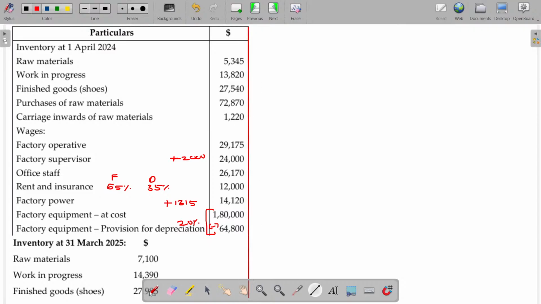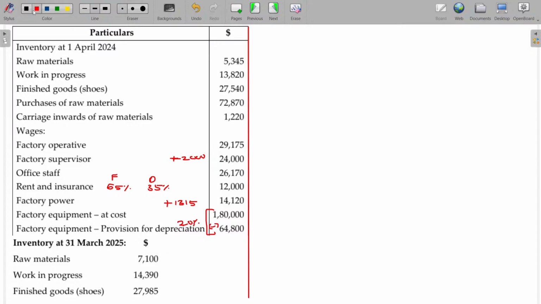Right. Let me start with the manufacturing account. Raw material will come, work in progress will come, purchase of raw material and carriage inward will come, and wages related to the factory. All the expenses related to the factory will come under the manufacturing account. In the case of rent and insurance, only the 65% will come.